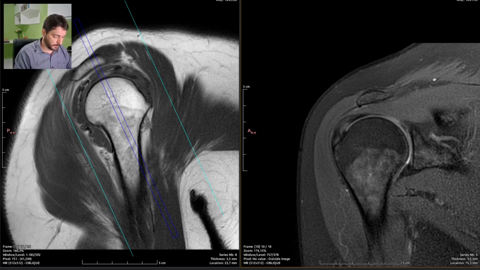Yeah, it's a superior and anterior glenoid labrum, or anterior superior. Now the chronic tendinitis.